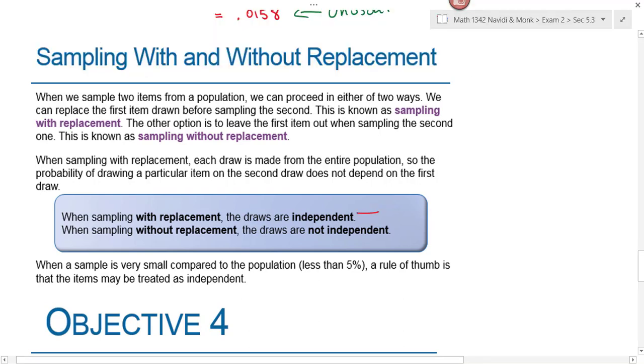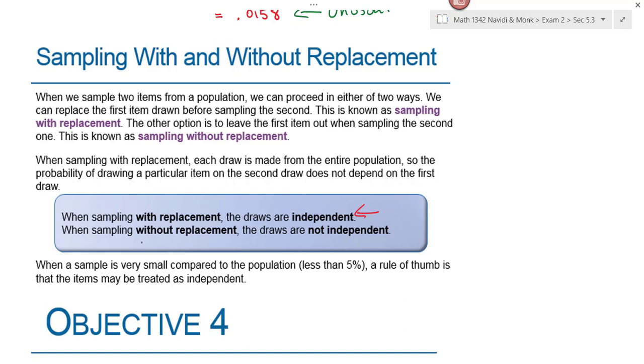So sampling with replacement is independent. Let's say that I'm drawing from a deck of cards and I want to know what's the probability of selecting a heart and a queen. Well, if I draw my first card and I put it back in the deck, then the probability of selecting another card is going to be the same because the sample space hasn't changed. It's still 52 cards, right?